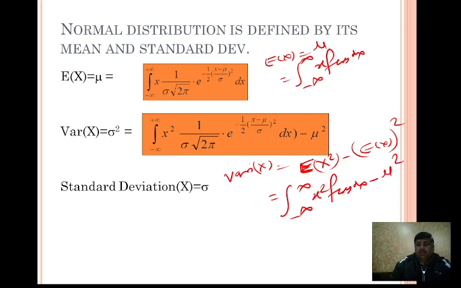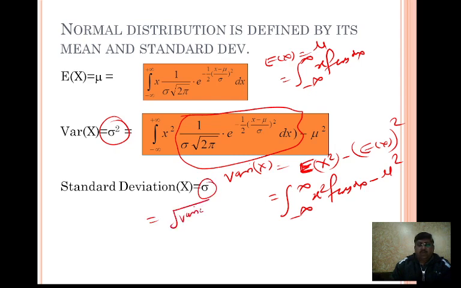So this one is equal to minus mu square. And what is f of x? f of x is all this expression. Alright? So this is the variance. Variance is always represented by sigma square, and standard deviation is represented by sigma only, and you can always find it as the square root of variance as well.